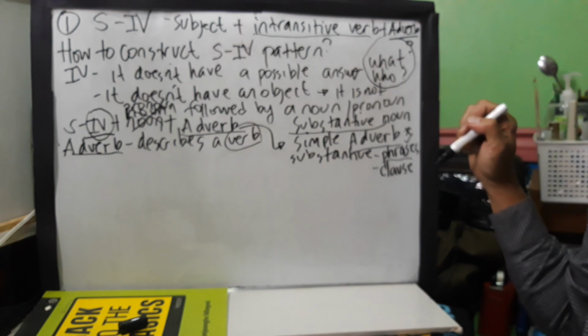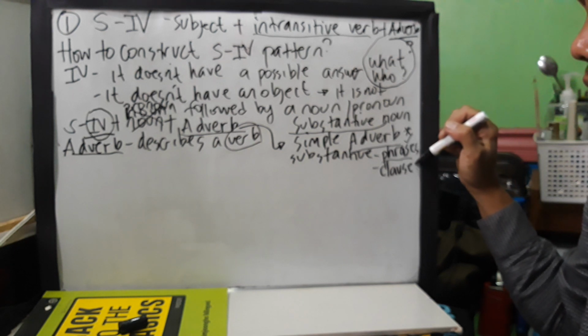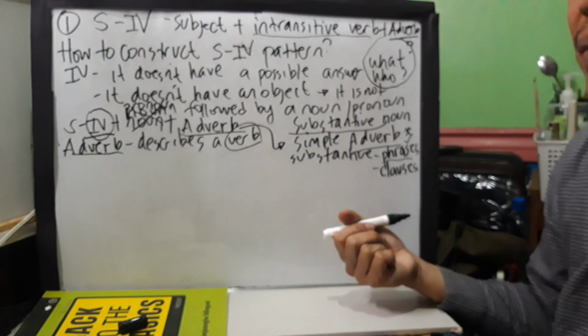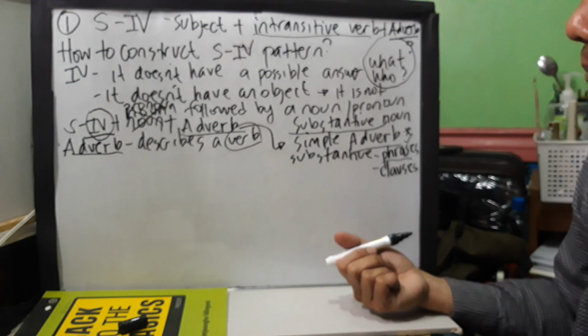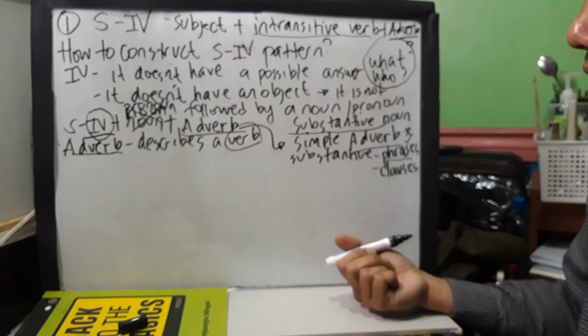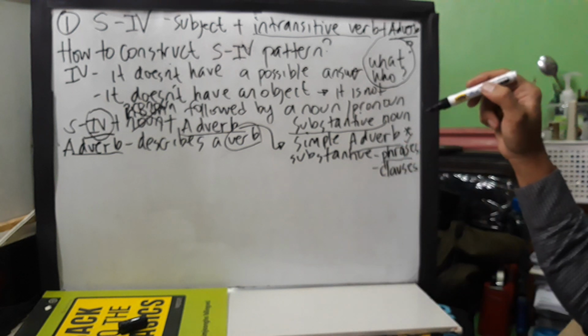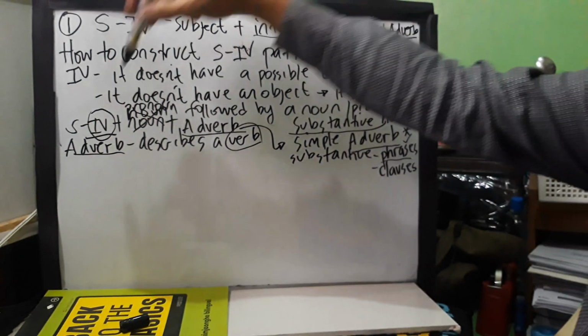The same thing with the clauses. Teacher, what are the adverb clauses? We have adverb clauses of time, place, reason, and opposition. We can use all of these after an intransitive verb.